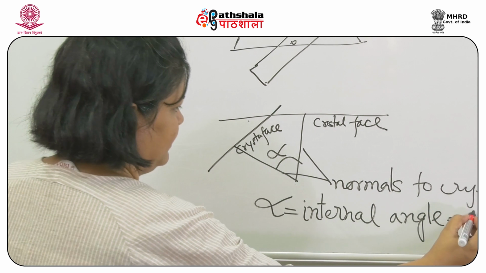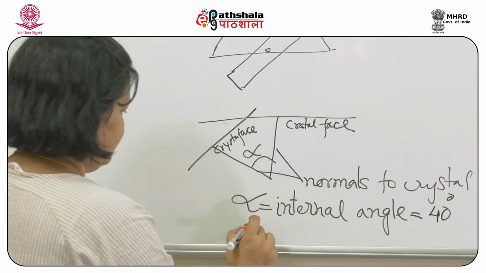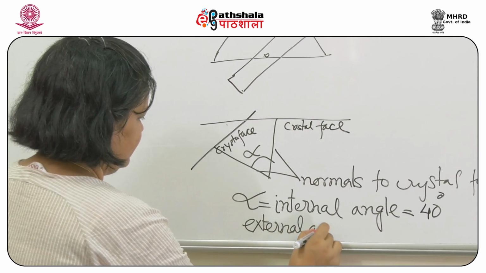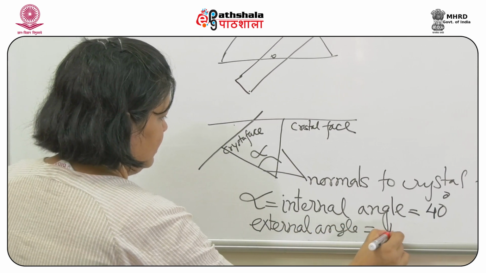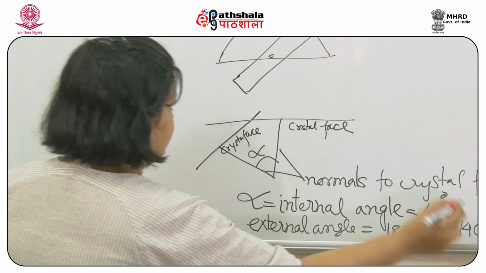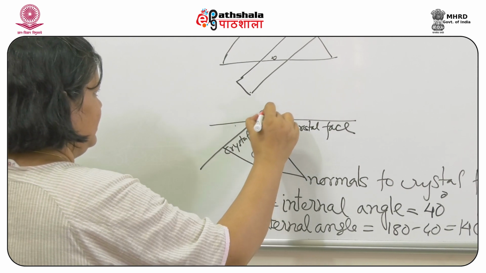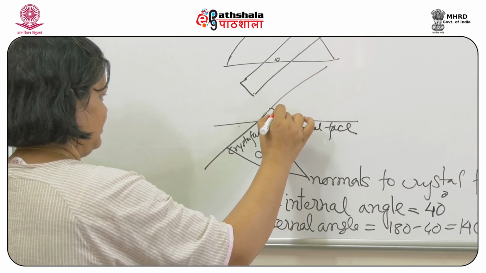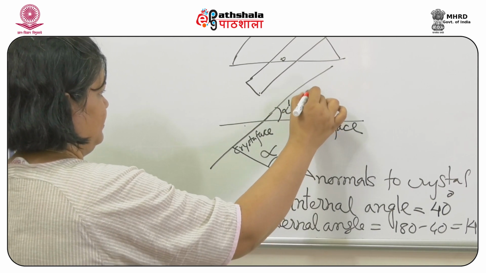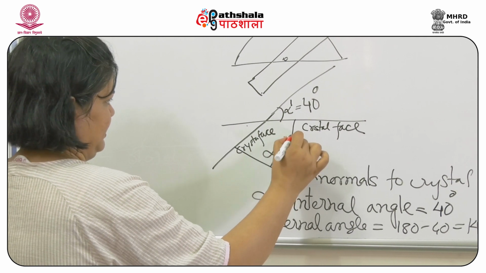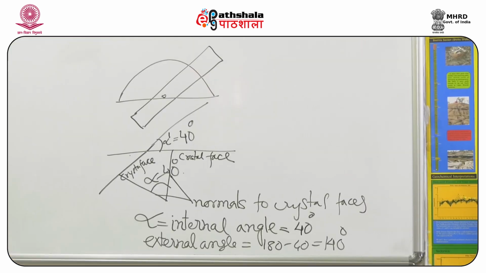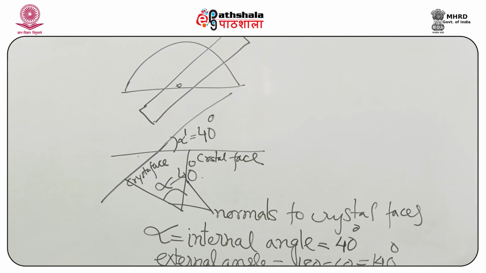For instance, if alpha is 40 degrees, then there is also another term called the external angle, which is nothing but 180 degrees minus 40, which will be 140 degrees. Here this is the internal angle, and these angles will also be equal to alpha, so in this case both will be 40 degrees. So this is our way of measuring the interfacial angle.